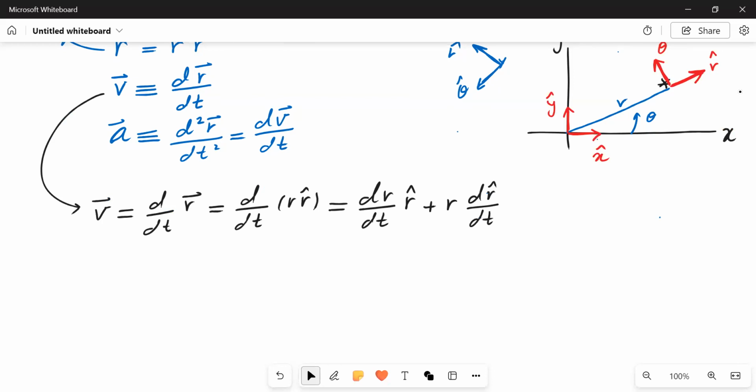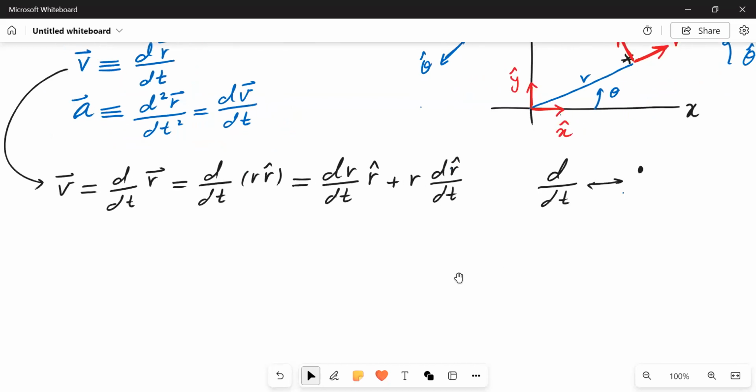Now it's customary in physics to show time derivatives by the symbol dot. So if I have a variable, for instance, let's say I show it by a, the derivative of a with respect to time, in classical physics, we can show it by a dot.